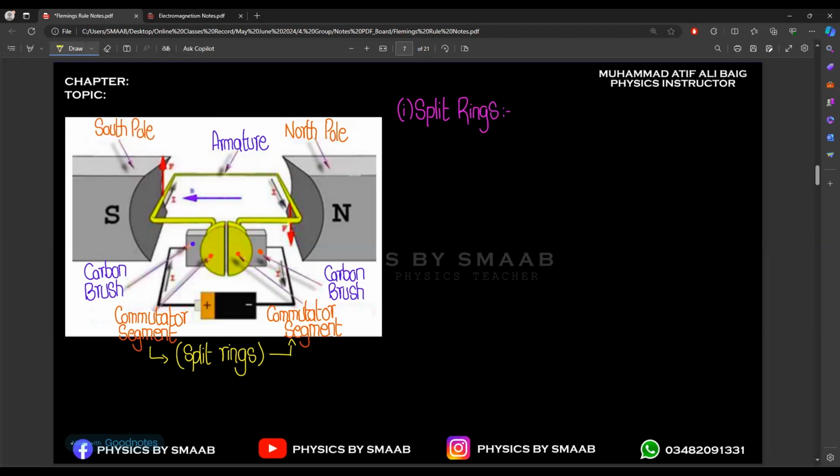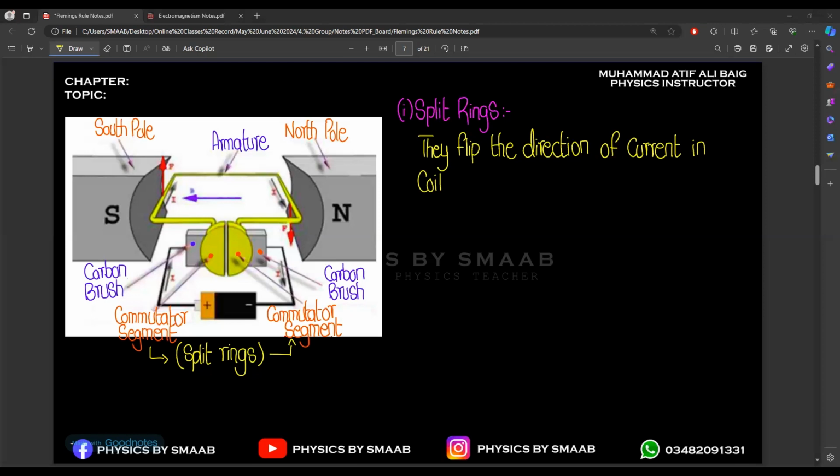The concept of the split ring is that they are able to flip the direction of current in the coil when the coil crosses the vertical position.